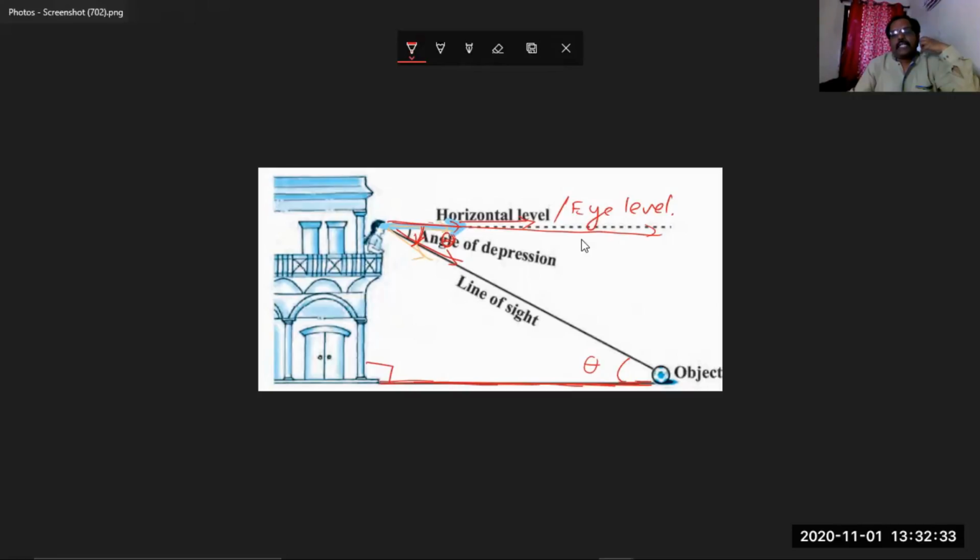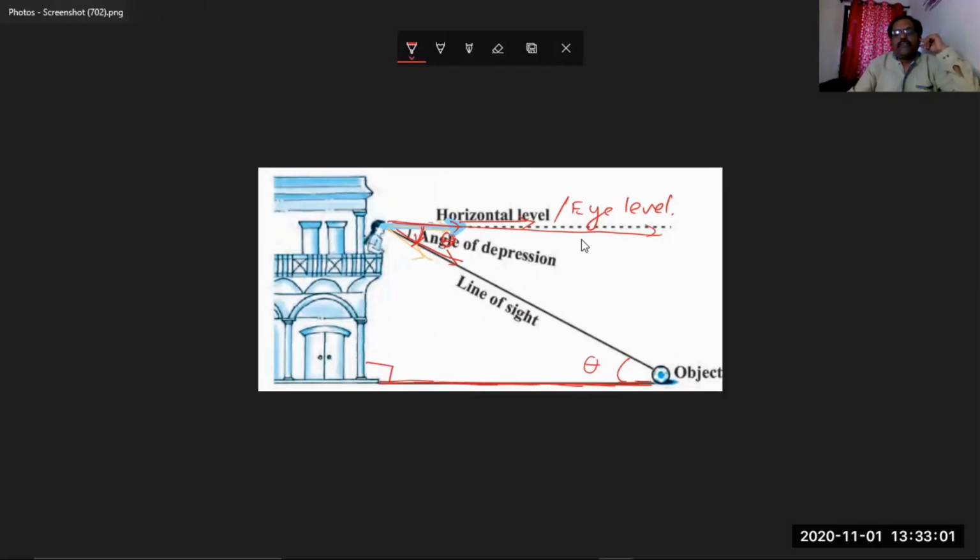So again, if we have a right angle triangle and an acute angle, then obviously we can define the trigonometric ratio. So we use the trigonometric ratio to find the distance of this house or building from the object, or vice versa, the distance of the object from the house, or we can also find the height of that girl, or the height of the building, or we can also find the line of sight or the hypotenuse.